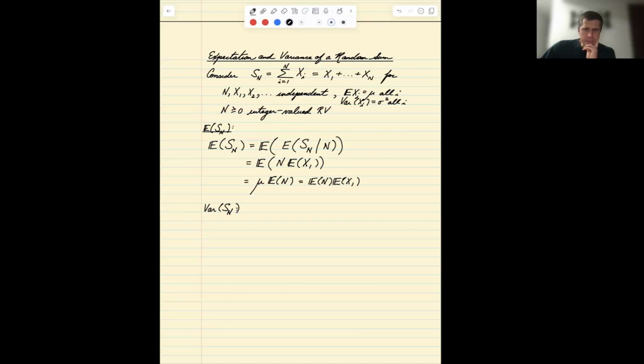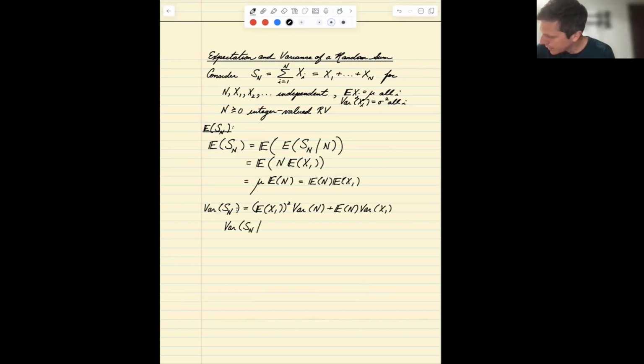Okay, so how do we show this now? Variance of Sn. Well, we want to show that variance of Sn is equal to expectation of X1 quantity squared times the variance of N plus the expectation of N times the variance of X. Well, the variance of Sn given that N is equal to a particular value, little n, is the variance of S little n, which is n times sigma squared.